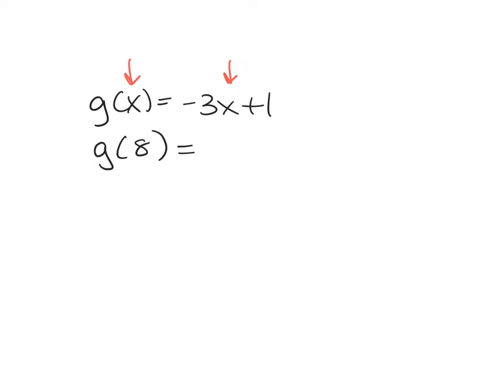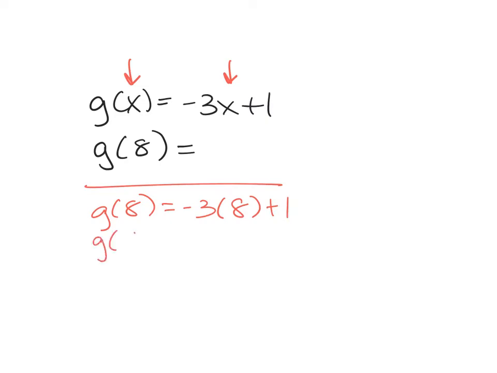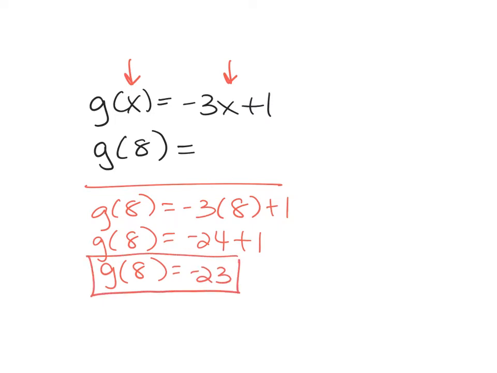So g of 8 is equal to negative 3 times 8 plus 1. Negative 3 times 8 is negative 24, plus 1 gives me negative 23.